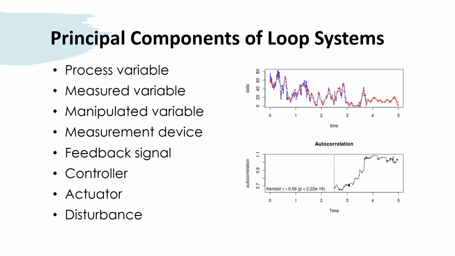Controller. This device receives the feedback signal from the measurement device and performs a control function to manipulate the controlled variable. The control implementation may be performed by a PLC. Actuator.